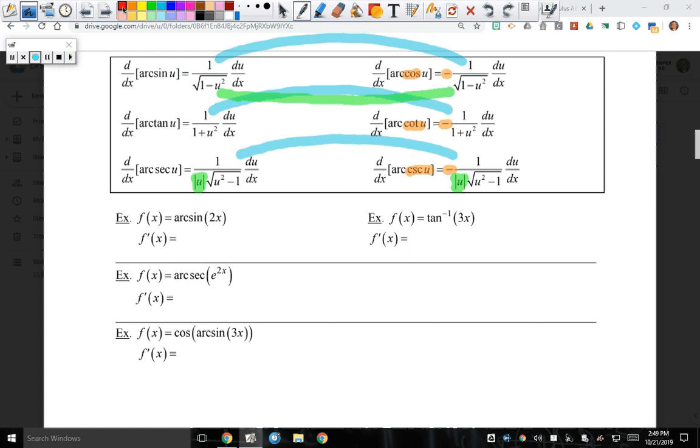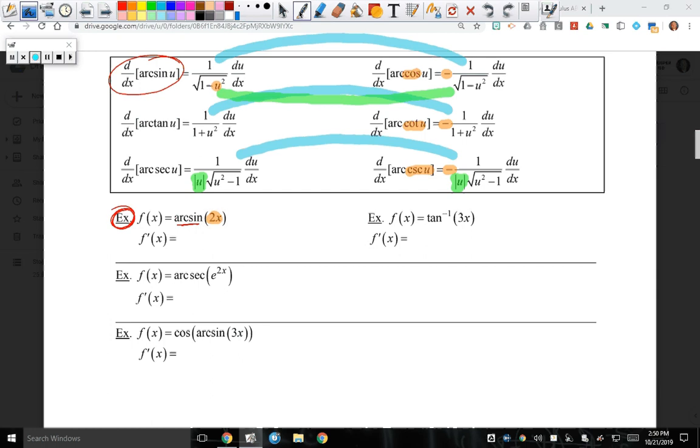Let's go now to the derivatives. So I'm looking for f prime of x, and here's f of x. And it's using the arcsine. So I'm going to use this rule of differentiation. Remember, the stuff is u. So this is u.